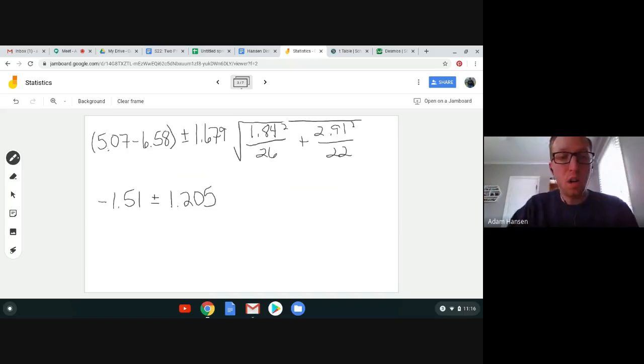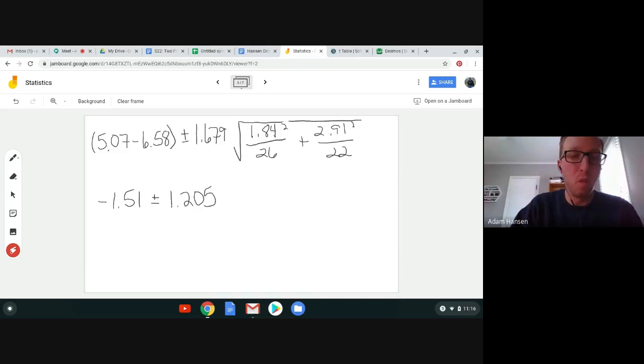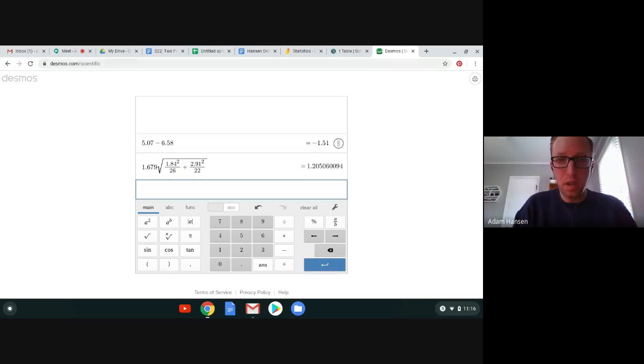Which means that our estimate in the difference between these two bowls of ice cream of 1.51 ounces is no more than 1.205 ounces from the actual overall population difference for the amount of ice cream in the bowls in question. So let's go ahead and get this total confidence interval built.